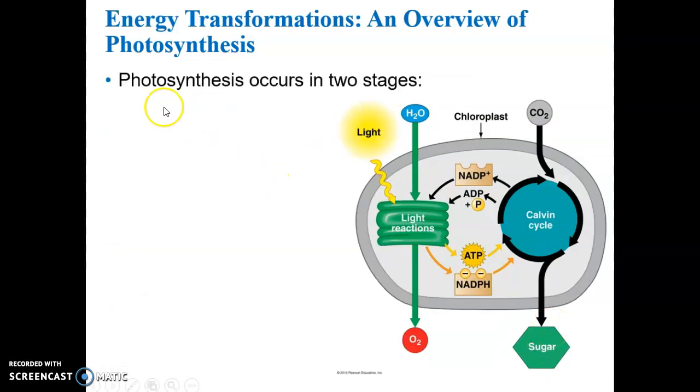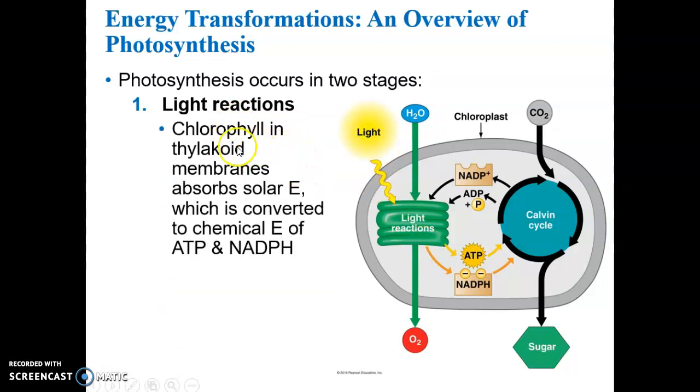So photosynthesis occurs in 2 stages. Remember, cellular respiration had 3 stages: glycolysis, Krebs cycle, citric acid cycle, and then electron transport chain. In photosynthesis, there's 2 basic stages or steps. One is the light reactions, which is shown on the left side of the diagram here. And it's called the light reactions because that's where sunlight energy is harnessed.